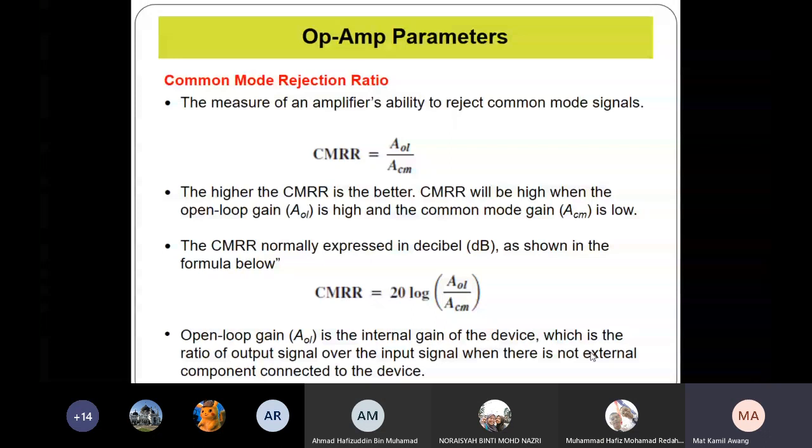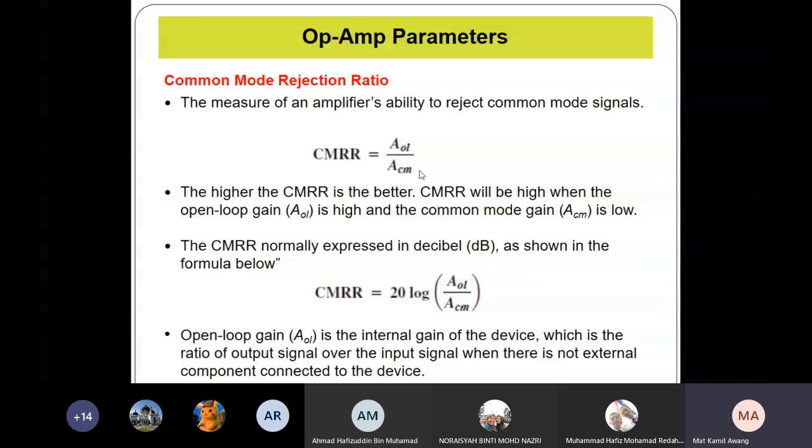CMRR is equal to the open loop gain divided by the common mode gain. The higher the CMRR is, the better. When CMRR is higher, it means this amplifier has better performance. CMRR will be high when the open loop gain is high and the common mode gain, ACM, is low.